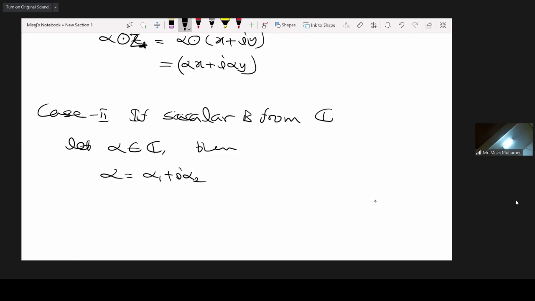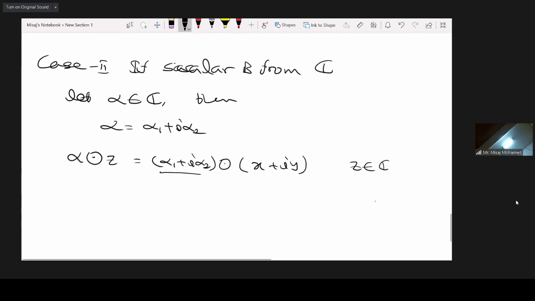Scalar multiplication is defined like this: alpha times Z, where alpha is alpha 1 plus i alpha 2, just a scalar, and Z is x plus iy from C, that is also complex.